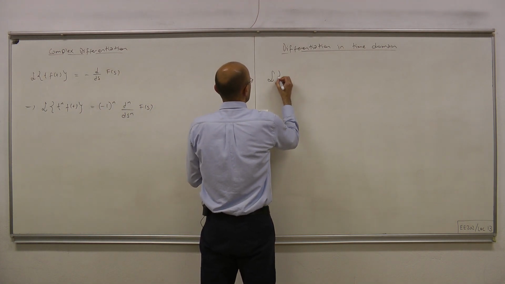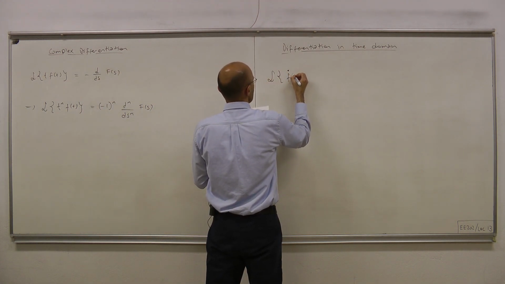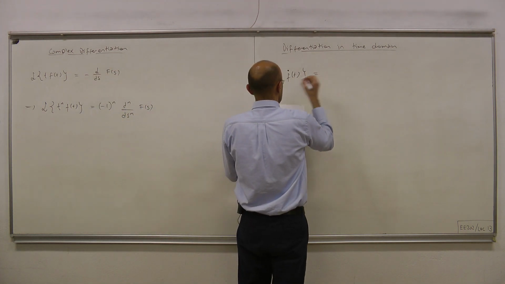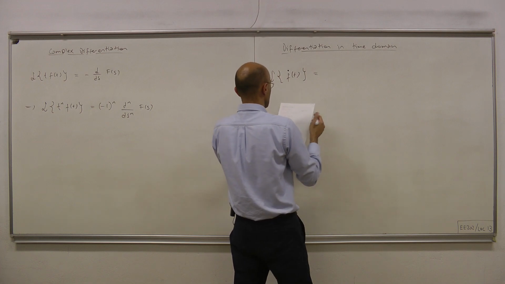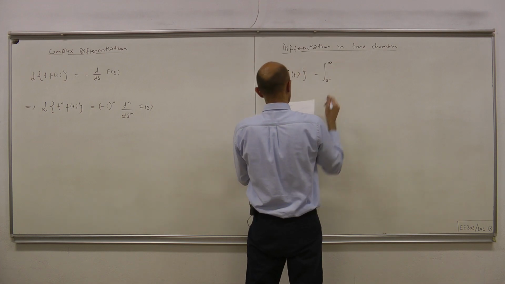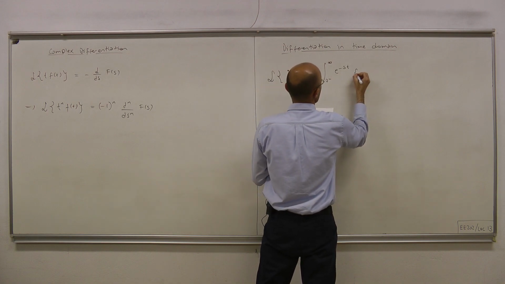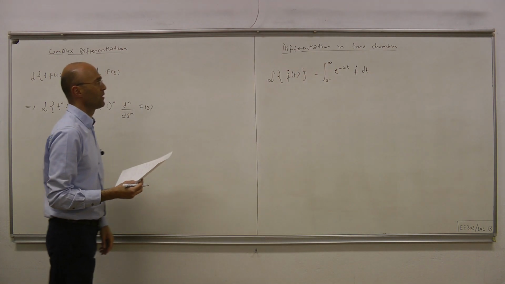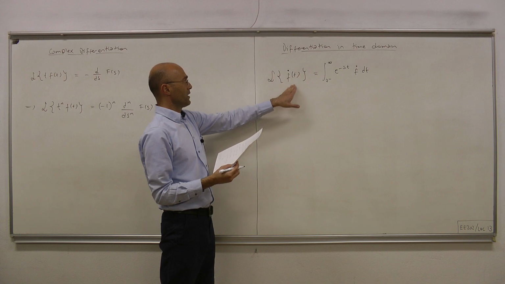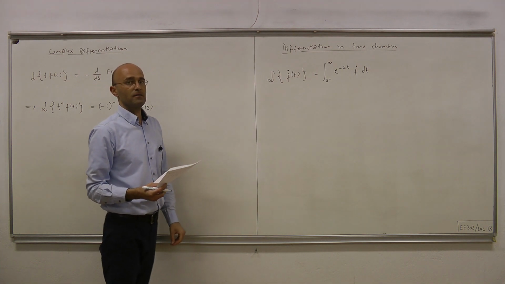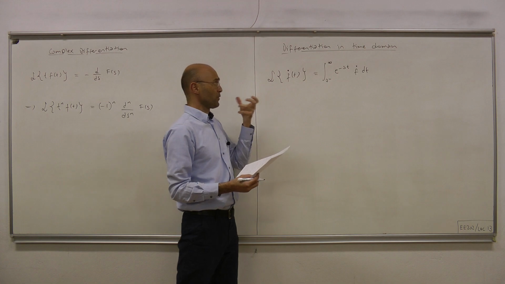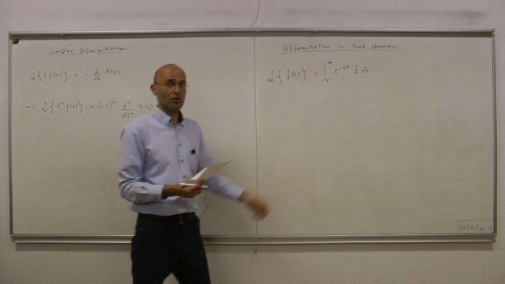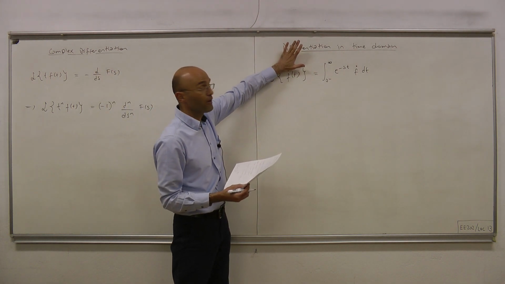Now, the Laplace transform of the time derivative of f(t), f dot of t, equals, by definition, the integral from 0 minus to infinity of e to the minus st times f dot dt. So that's the definition of the Laplace transform, and now we are computing the Laplace transform of f dot. Our aim here is to express this transformation in terms of the Laplace transform of f without the dot.